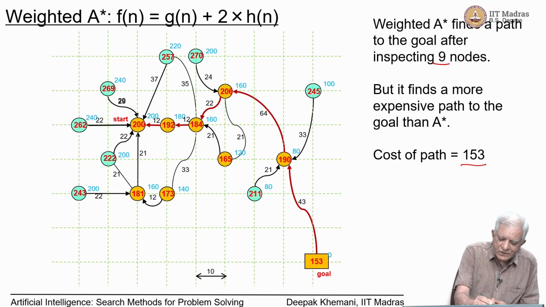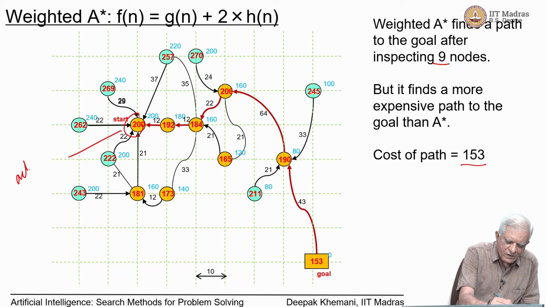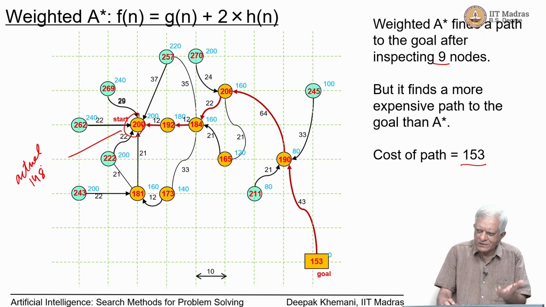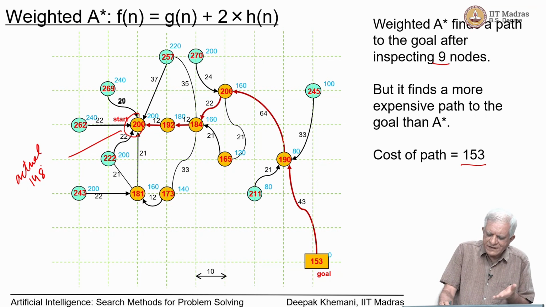We know that the actual distance from the start node to the goal node is 148, because we have found the optimal path. But weighted A star is thinking it is 200 essentially, and because the weight of the heuristic function is higher, the closer it goes to the goal, the more rapidly the f value drops essentially.